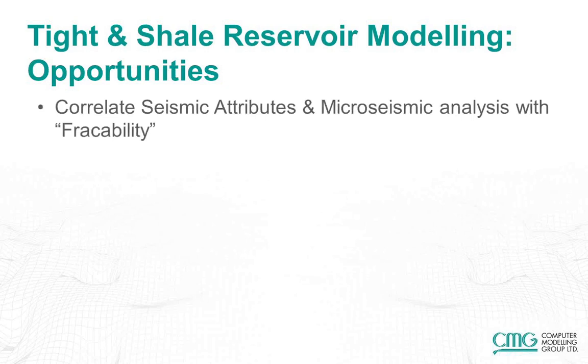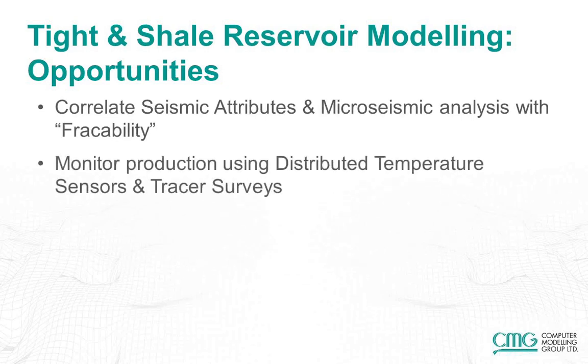We can incorporate some data such as seismic attributes and microseismic analysis when it's available for looking at properties such as frackability of our reservoir, and also look at things such as monitoring production using distributed temperature sensors and tracer surveys. This allows us to see where along the well we get the most production, which can better help us specify the properties of the fractures along the wells.